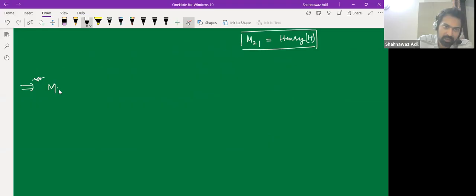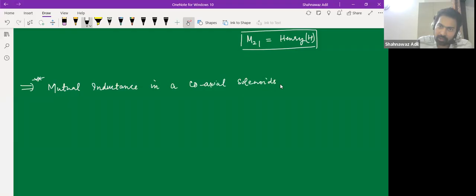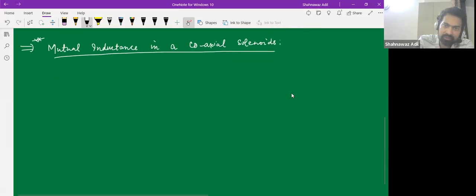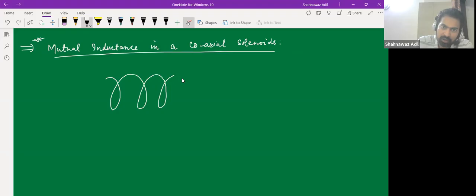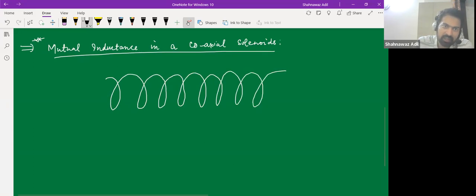So, mutual inductance in a coaxial solenoid. Let's say we have two solenoids. One is this, and then we have the smaller one.